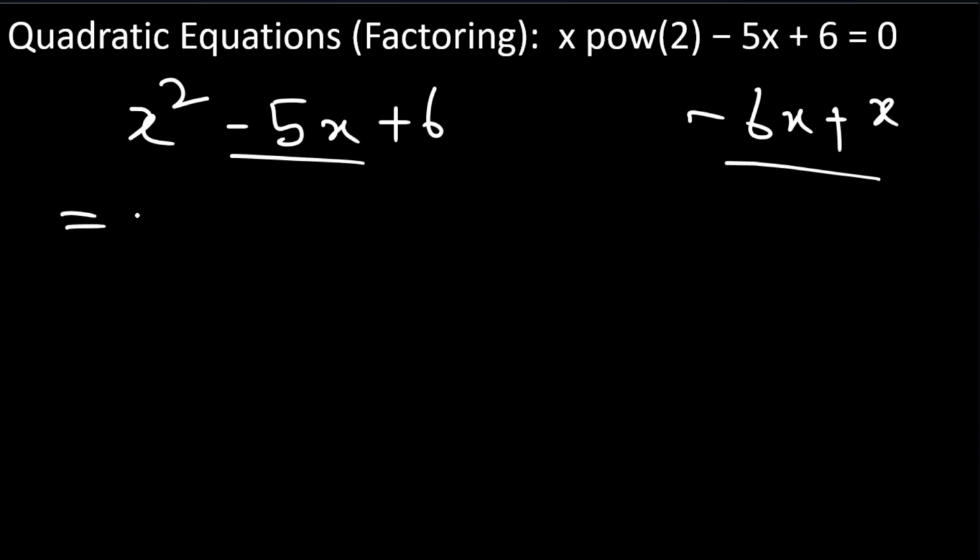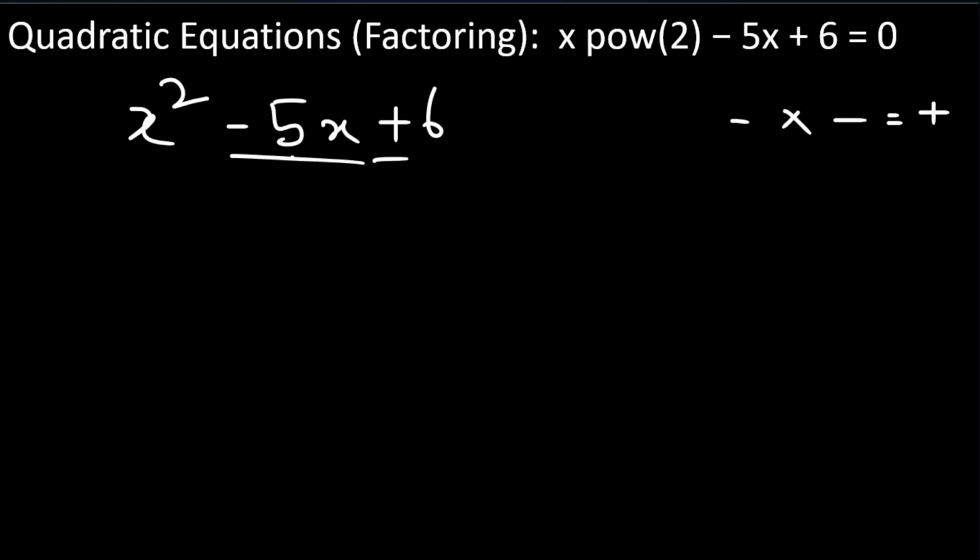Just write down x squared minus 6x plus x plus 6. So here it's not matching. So we need to solve it this way. Minus into minus will give me the plus value.